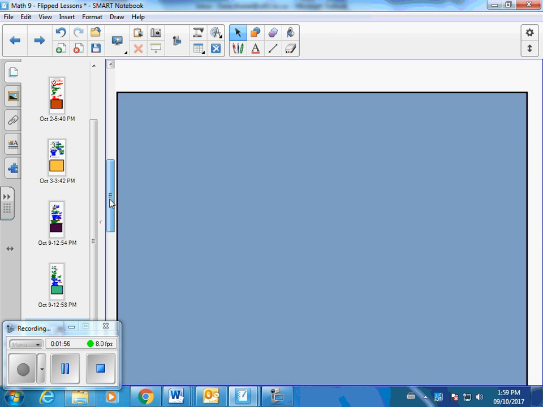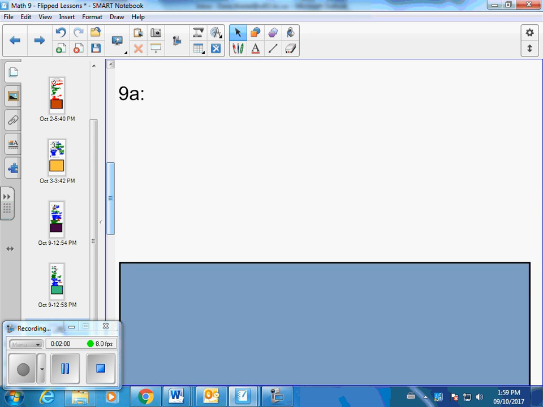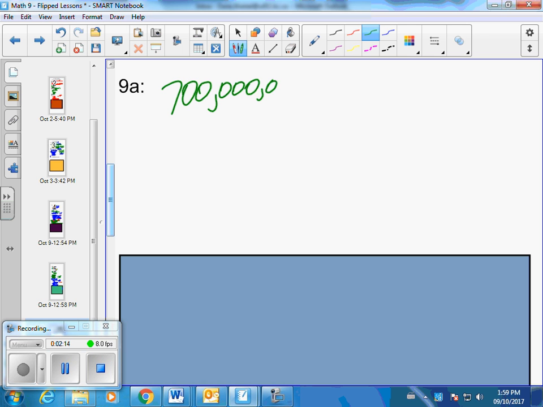We're going to keep moving ahead all the way up to 9A. Question 9 is using our power of 10 skills to rewrite what we might call normal numbers. So for instance, if they give us 700 million, we can rewrite that as a power of 10. We look at this and it is the same as 7 times 100 million, which we know that we can rewrite as a power of 10.